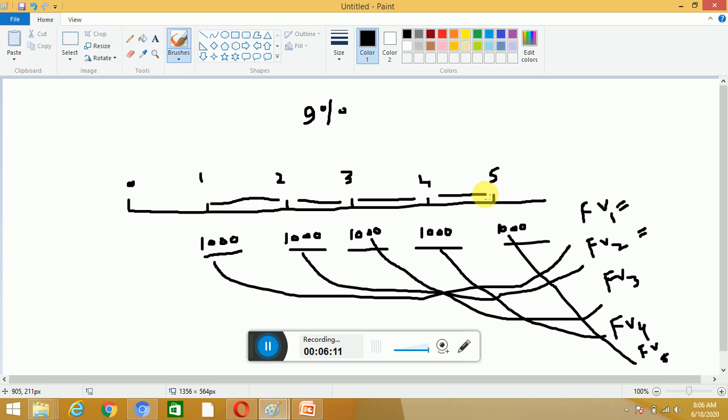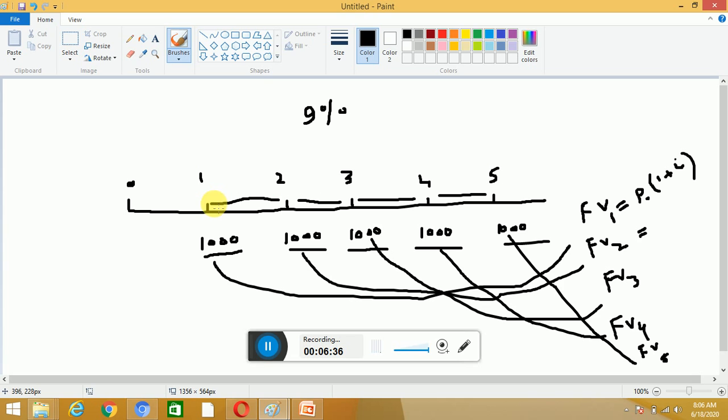So see now, what will be our formula? P naught (1 plus I) raised to the power, see, total number of years are 5: 1, 2, 3, 4, 5.